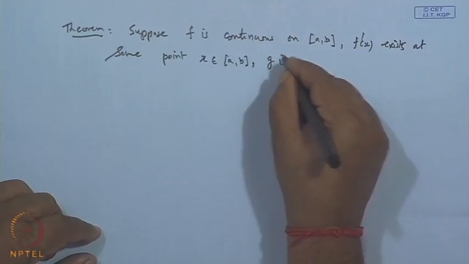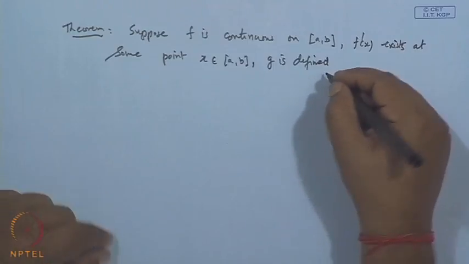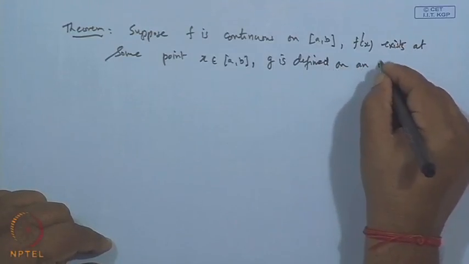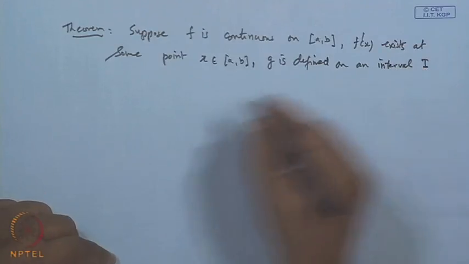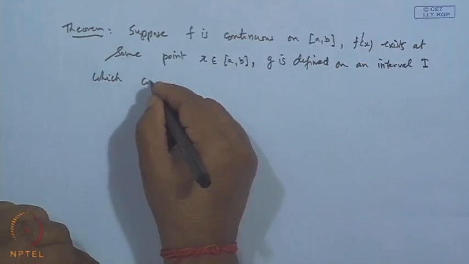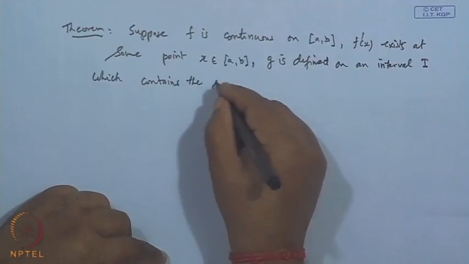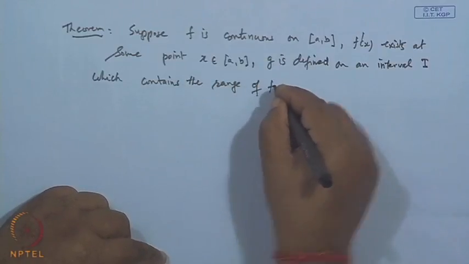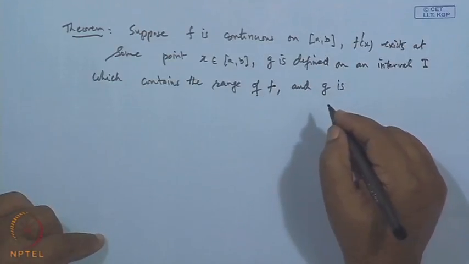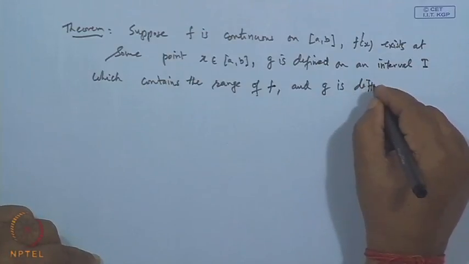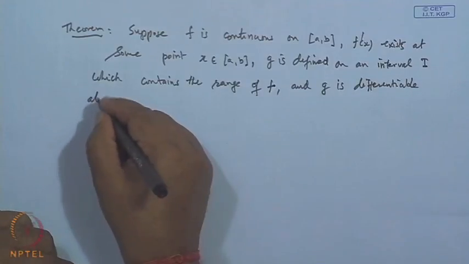g is defined on an interval I which contains the range of f, and g is differentiable at the point f x.